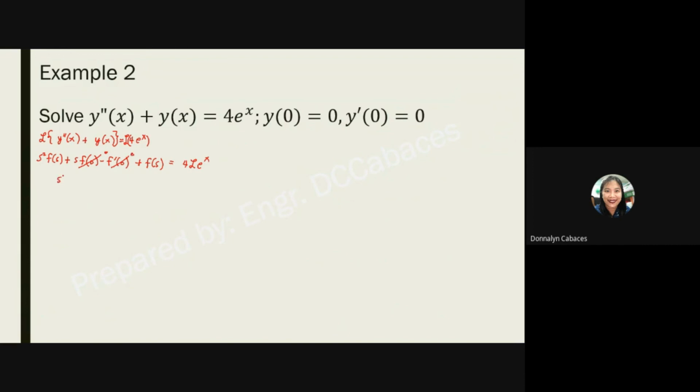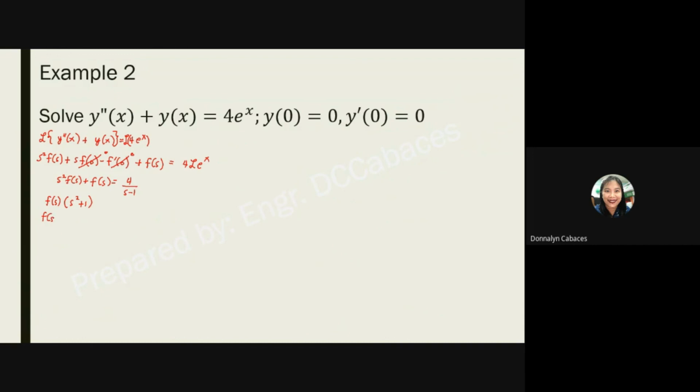Substituting the given conditions, f of 0 is 0 and f prime of 0 is also 0. Therefore, you now have s squared F of s plus F of s is equal to 4 times the Laplace of e to the x, which is 1 over s minus 1. So this is 4 over s minus 1. On the left side, you have F of s times s squared plus 1.